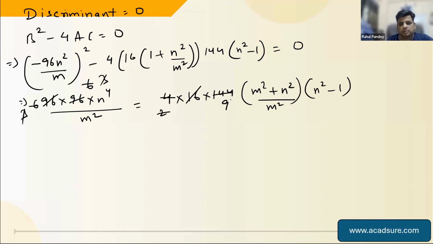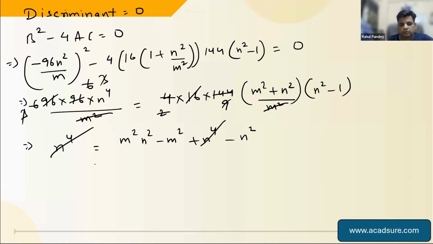3 3 is a 9 gone. So what remains, m square gone. What remains is n power 4 is equal to m square n square minus m square plus n power 4 minus n square. n power 4 gone. So it is m square plus n square is m square n square.